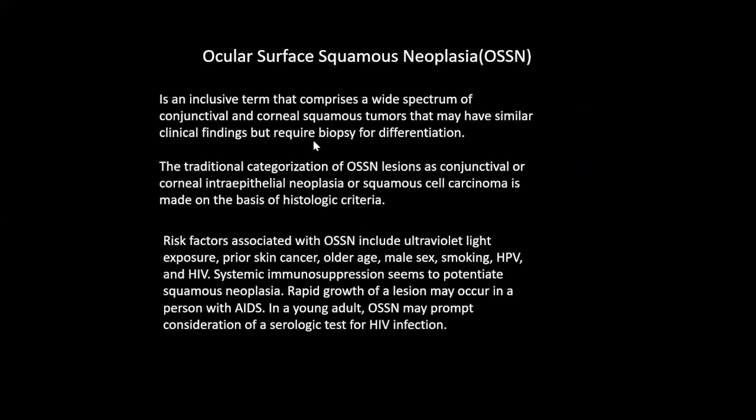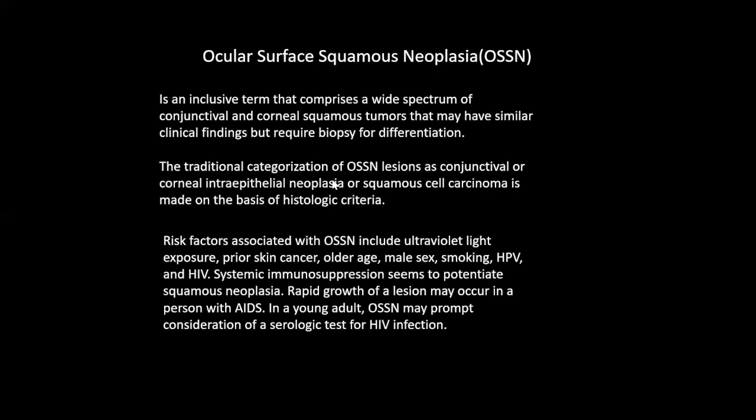Now, there's this new term. I would say new because it's founded on this: ocular surface squamous neoplasia. This is a generic term that refers to a wide spectrum of conjunctival and corneal squamous tissue lesions that may have similar clinical findings but require biopsy for differentiation.